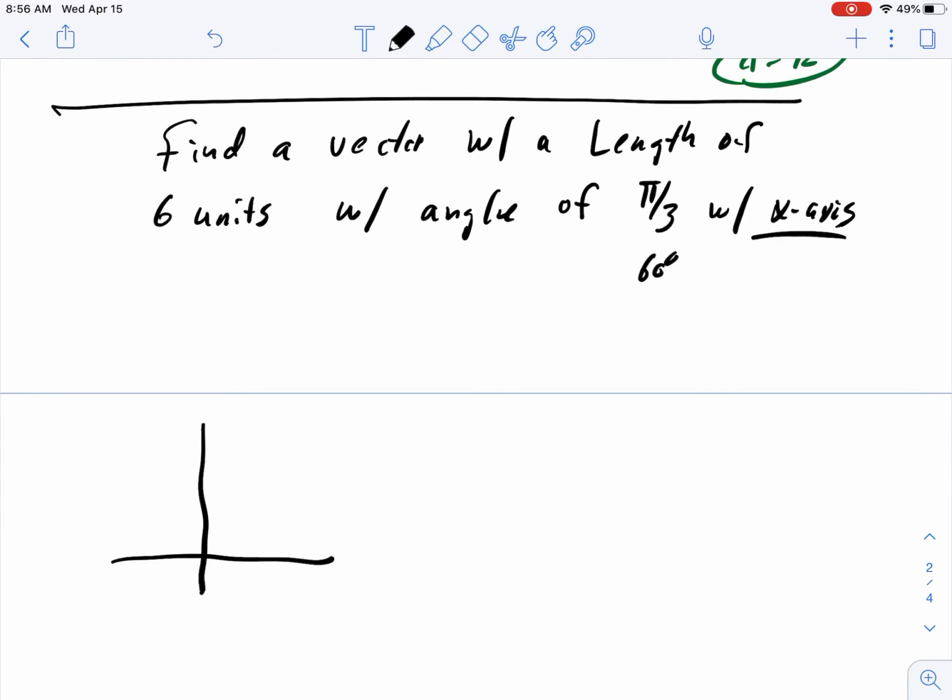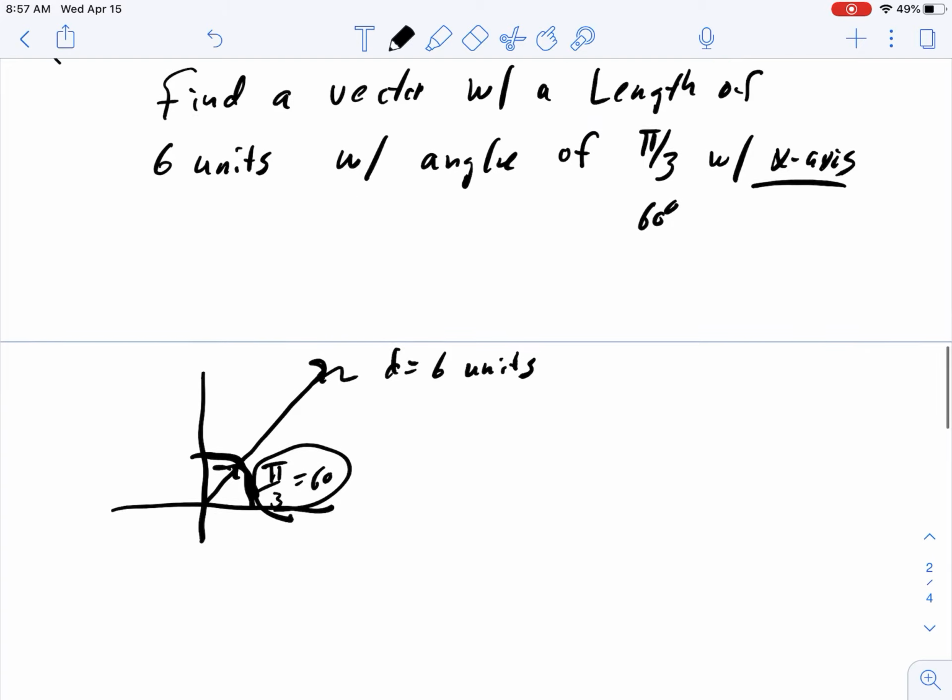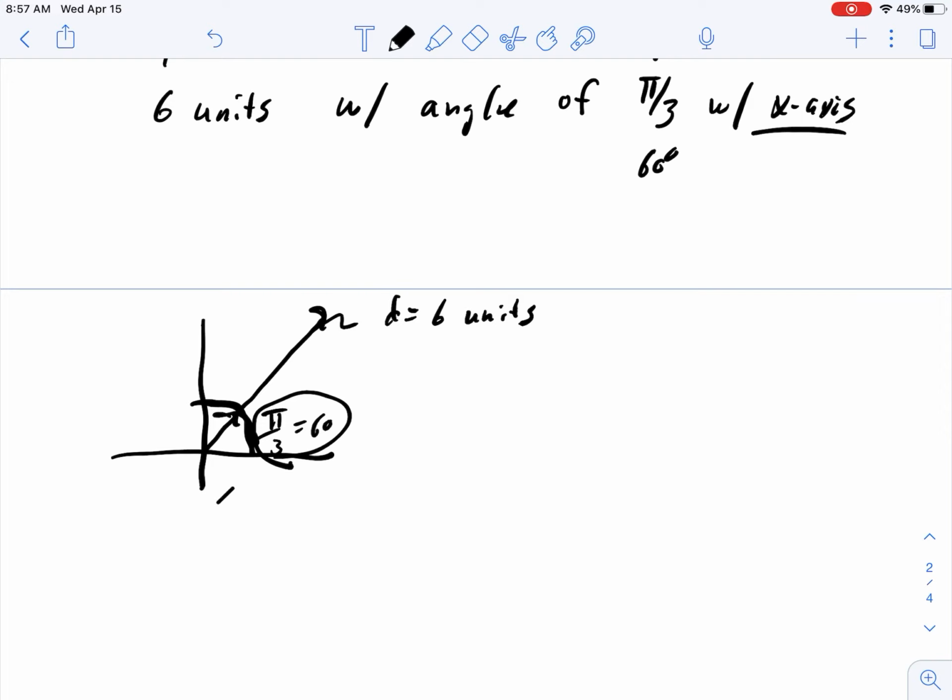So drawing this out, I've got a vector here at pi/3, or 60 degrees, and this distance is 6 units. So what do I got to do here? Well, first off, you got to find the unit vector. We know that my unit vector, say m, would be 1/2, √3/2.